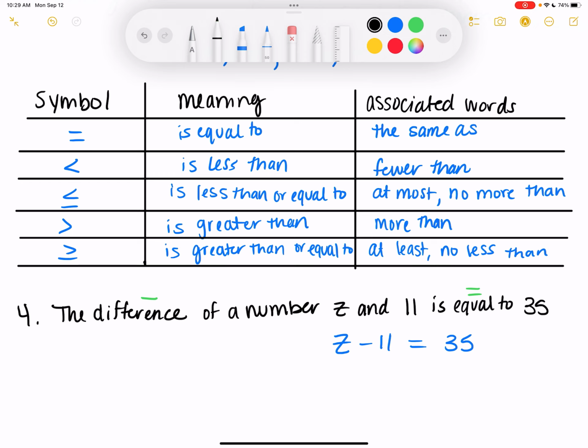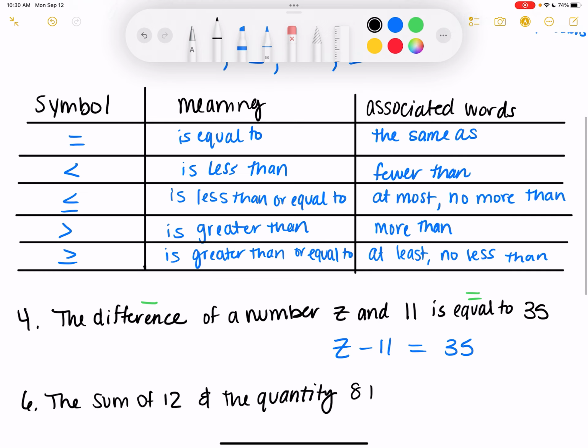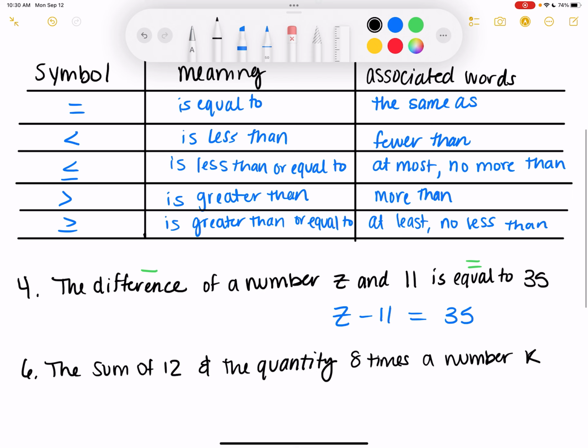Let's see. Number 6. The sum of 12 and the quantity eight times a number k is equal to 48.